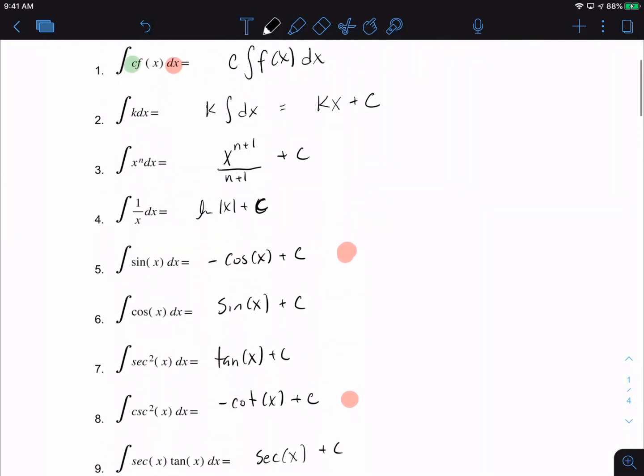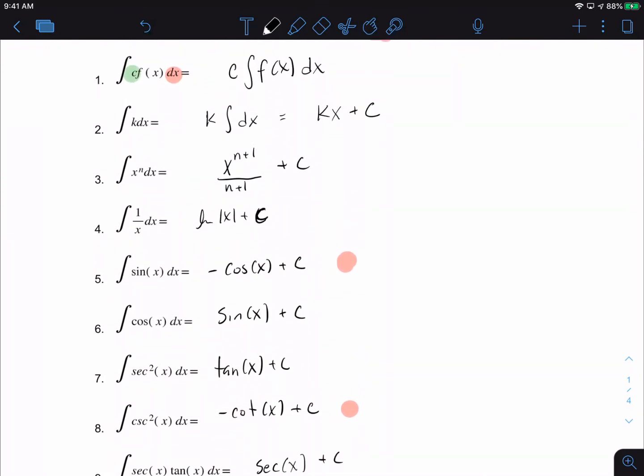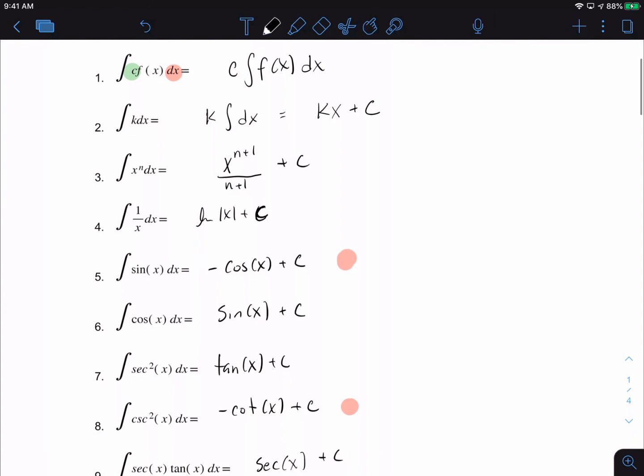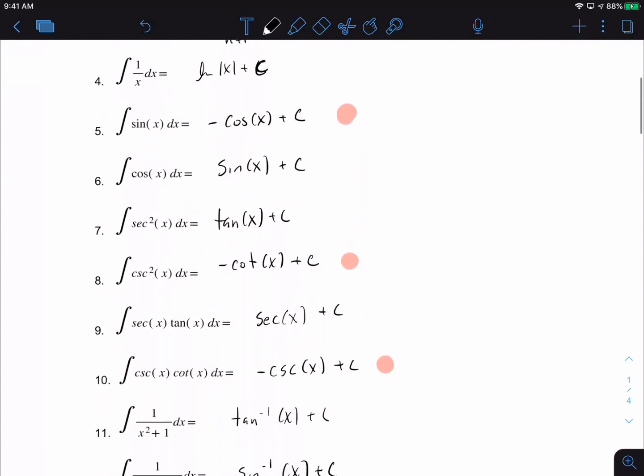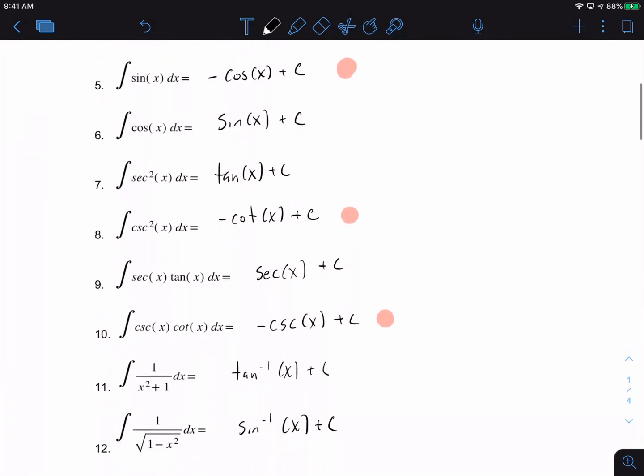I'm not going to do anything with hyperbolics, so the important thing is that you guys have the first 12 of these memorized, or at least have them around handy so that you can use them, because it's going to be coming up quite a bit during the rest of this semester, and guaranteed going into Calc 2.